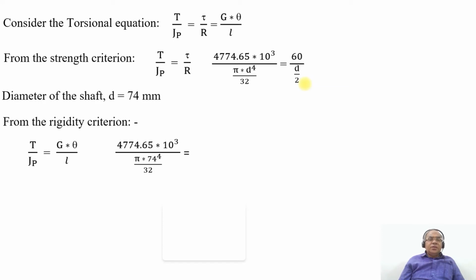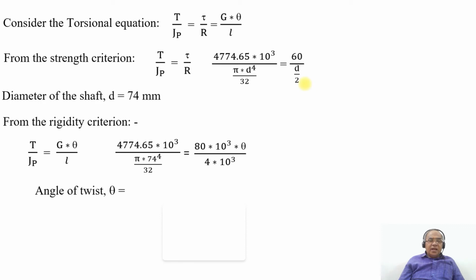Similarly, from the rigidity criterion, we have T by Jp equal to G into theta by L. Again, you substitute 4774.65 into 10 to the power of 3 divided by Jp, which is pi into 74 to the power of 4 by 32, equal to 80 into 10 to the power of 3 into theta by 4 into 10 to the power of 3.